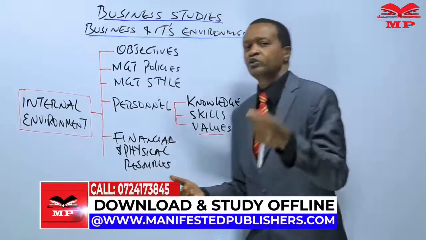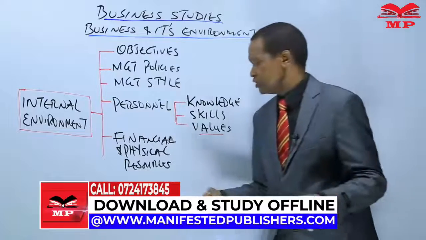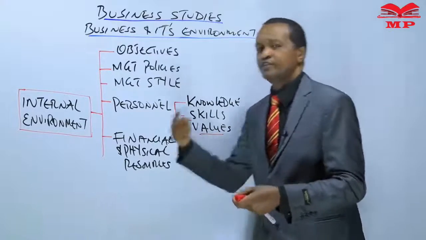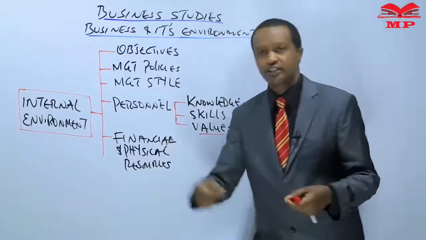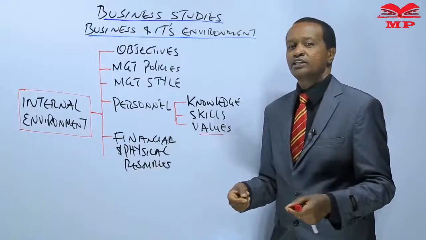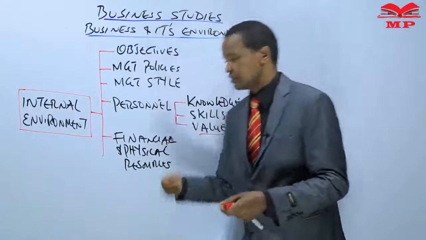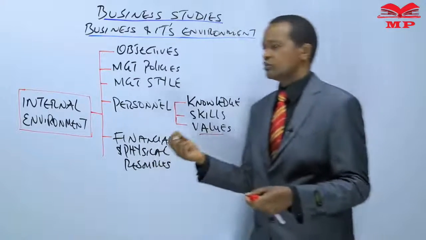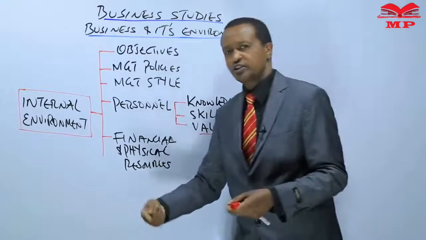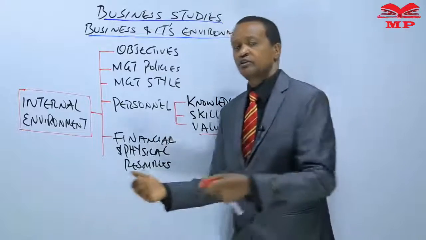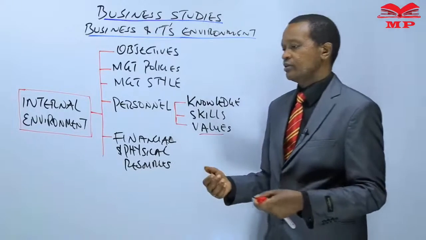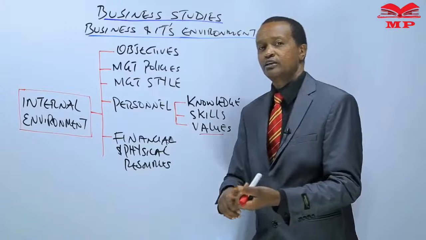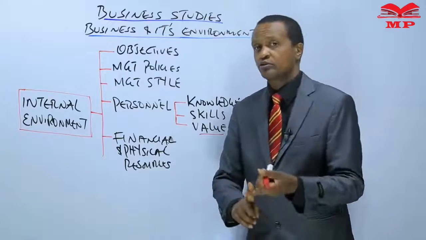Now, if these resources are not available, or if these resources are difficult to acquire, then the business may not succeed in achieving its objectives. And one of the objectives we've mentioned repetitively is making profit. Last lesson, I also said other objectives are growth.